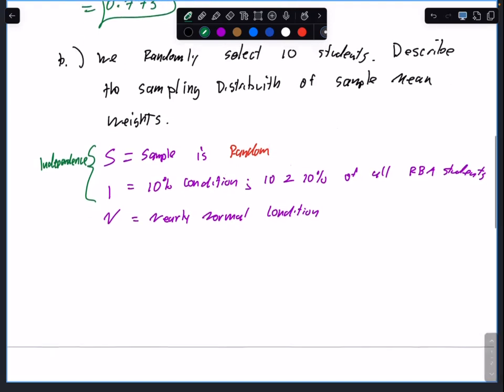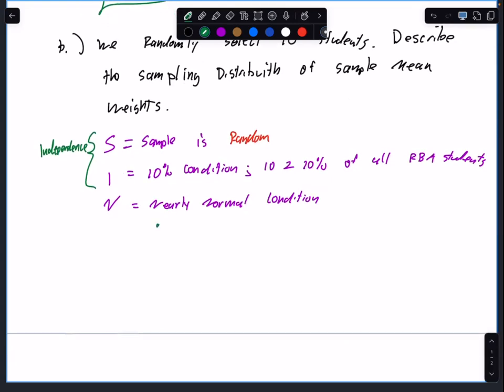But that's okay, because in this case, the population is normal. The population is normal, so it doesn't matter what the sample size is.